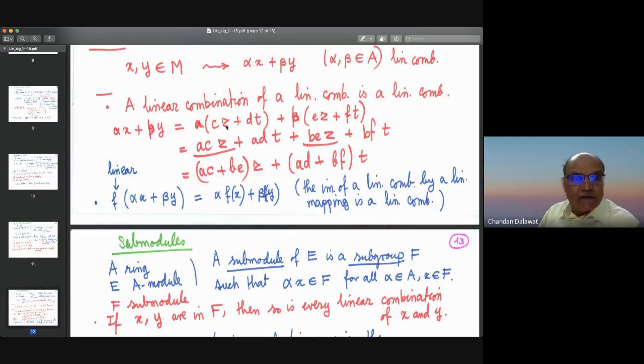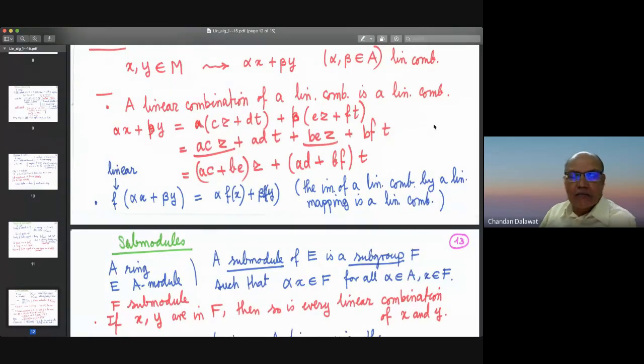Suppose x and y are linear combinations of z and t. So x is cz plus dt and y is ez plus ft, where c, d, e, and f are in the ring A. Then you can just work it out and see that this element on the left is also a linear combination of z and t.